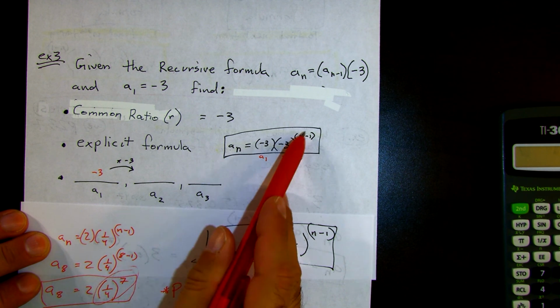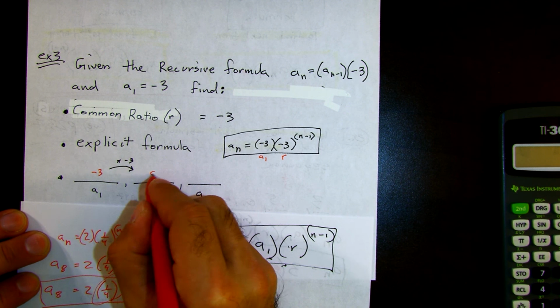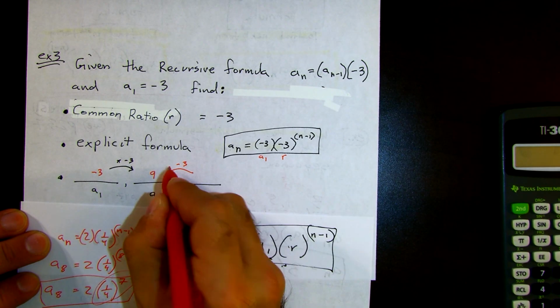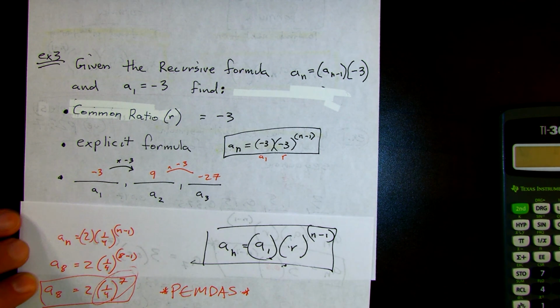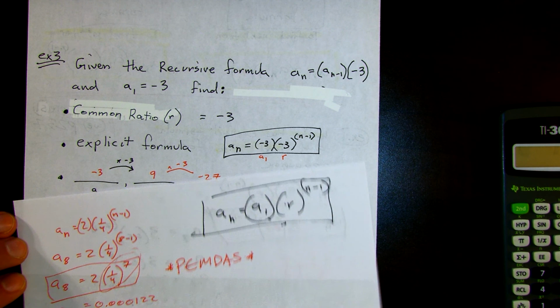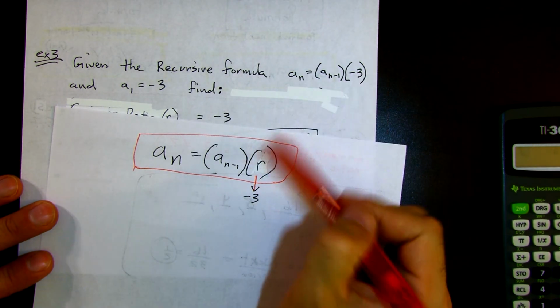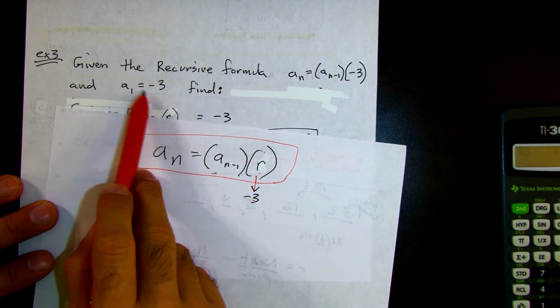What's going to be our second term? You could plug it in here too and work it out, or you can just multiply by -3. We're going to get +9. Multiply by -3, and we're going to get -27. So just looking at what we did, we were given a recursive formula. Looking at my map, that helped me see that the common ratio is -3.